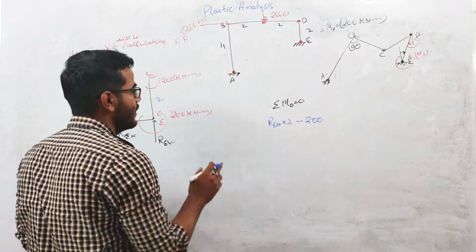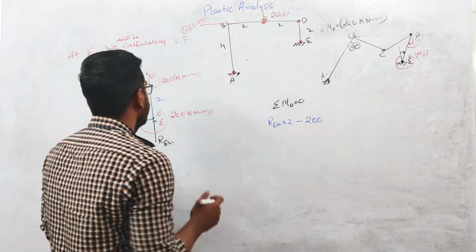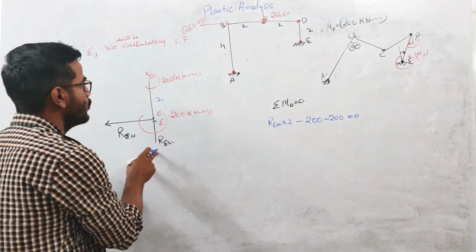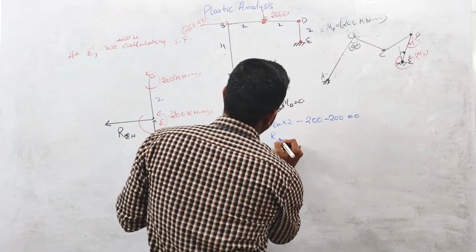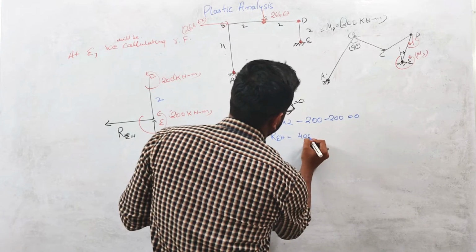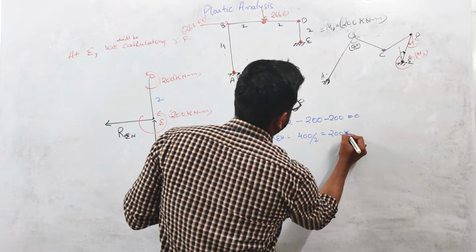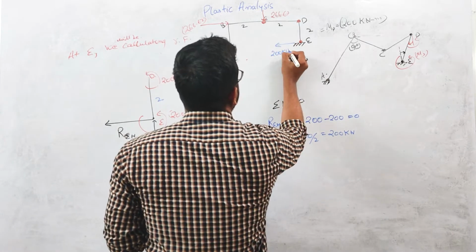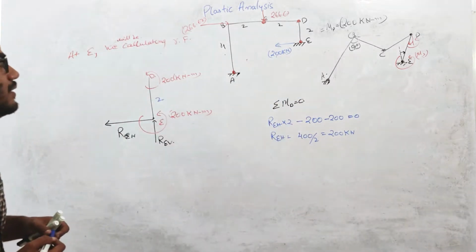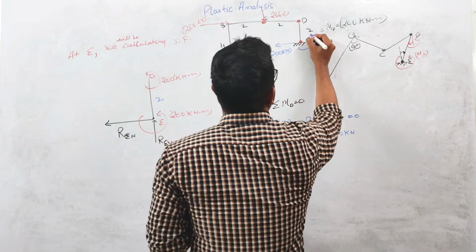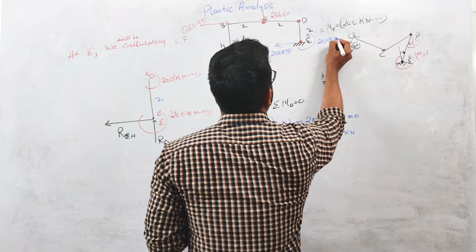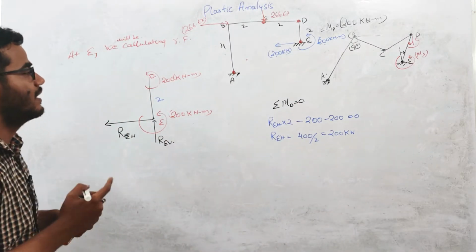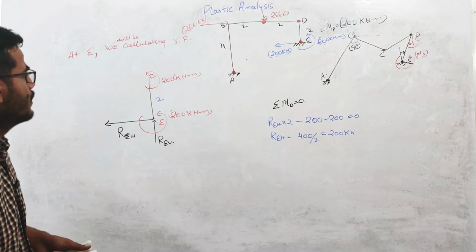Clockwise moment I am considering positive in this equation, and anti-clockwise moment negative. Again this moment is anti-clockwise, so again negative, and this will be equal to 0. There will be no moment due to this force. So if you calculate REH from here, it comes out to be 200 kilonewton. So the horizontal reaction at this point is 200 kilonewton, which is acting in the left direction, right? The moment at this point is basically 200 kilonewton meter, which is equal to the plastic moment capacity of this section. Okay, so this is done.